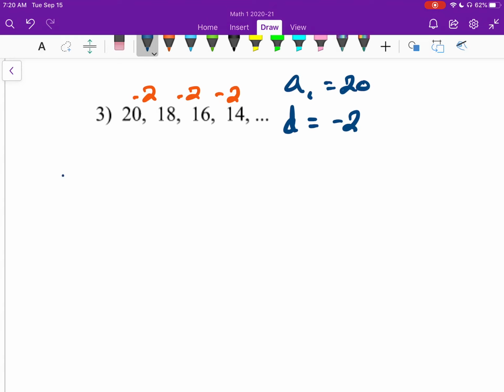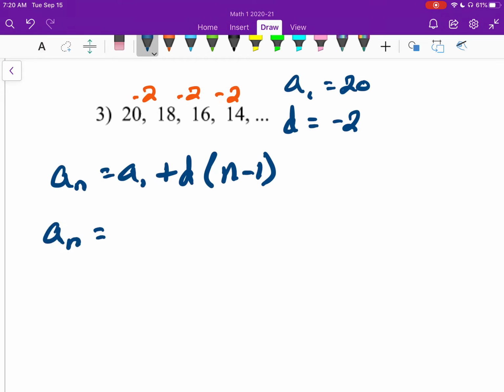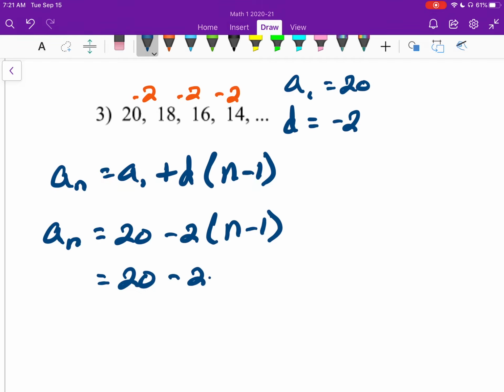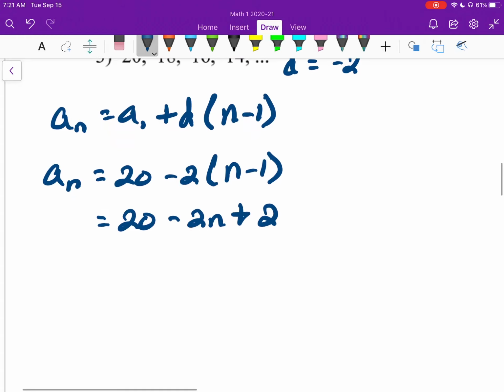So my formula, a sub n equals a sub 1 plus the common difference times n minus 1. I just need to plug in. A sub n equals 20 minus 2 times n minus 1. 20 minus 2n plus 2. 22 minus 2n.